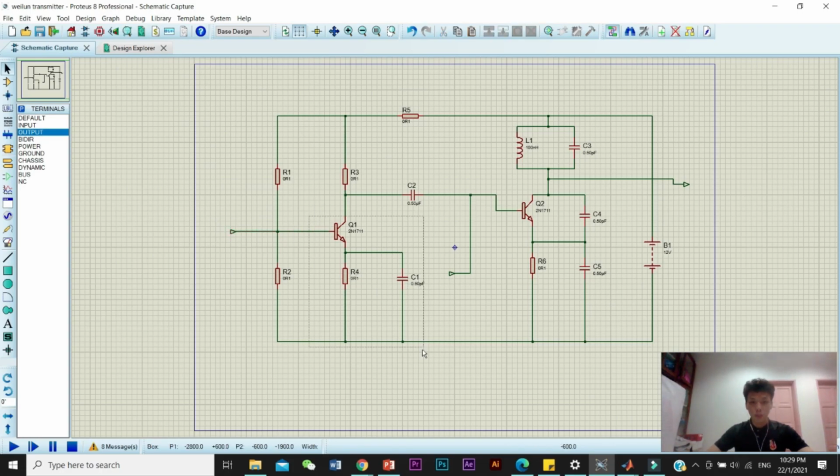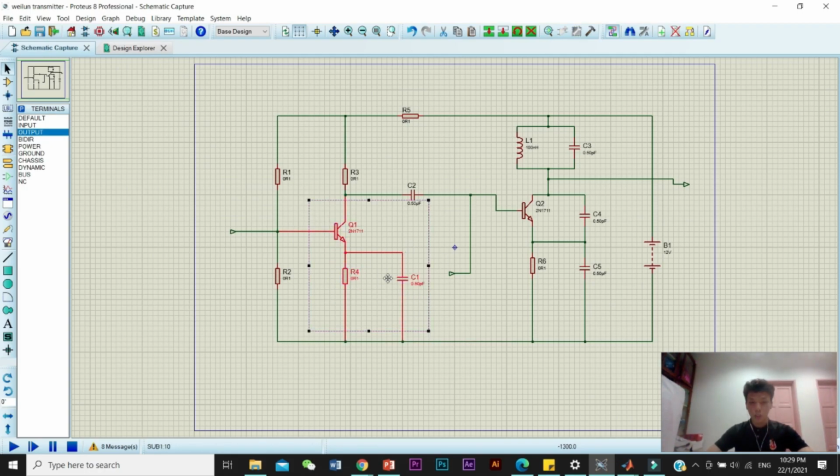This part is a pre-amplifier, and we can see there's a little resistor here. This is the emitter resistor of this amplifier, and this is a decoupling capacitor. It decouples the emitter resistor and realizes the full gain of this stage.